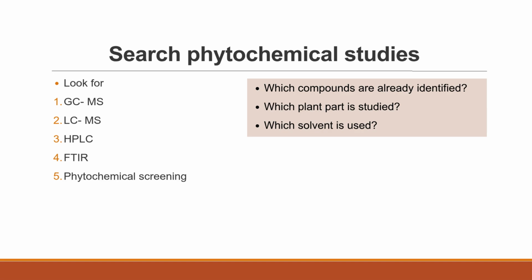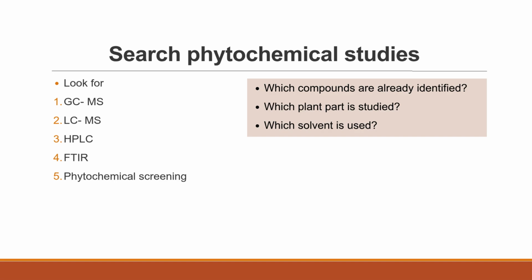To find the reported phytochemicals of the plant, we can search the scientific databases again using keywords like plant name with phytochemical screening, chemical constituents, bioactive compounds, GCMS or LCMS analysis, HPLC, FTIR.